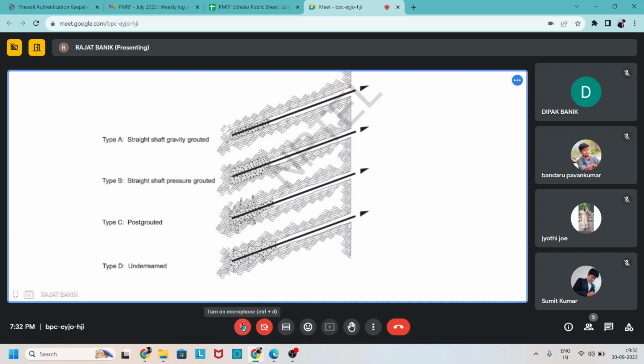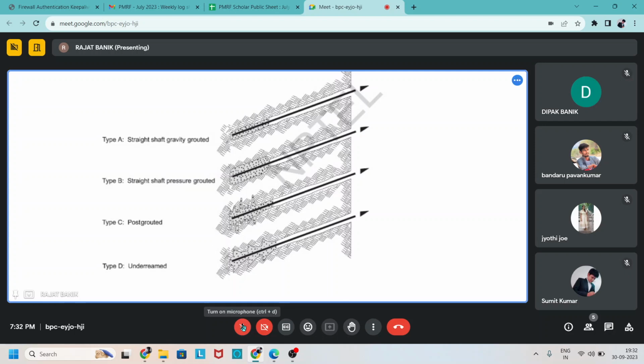Okay, so at type B, if you see in the figure, the difference is in the grouting. We apply a pressurized grout, that means by pressure we apply this grout, and due to this the diameter of the grout is increased.